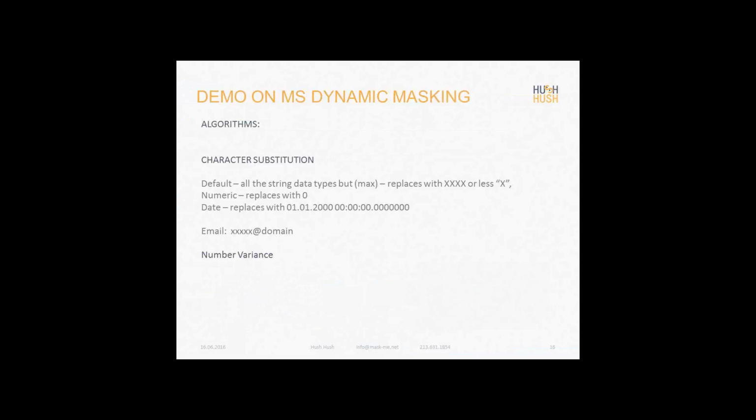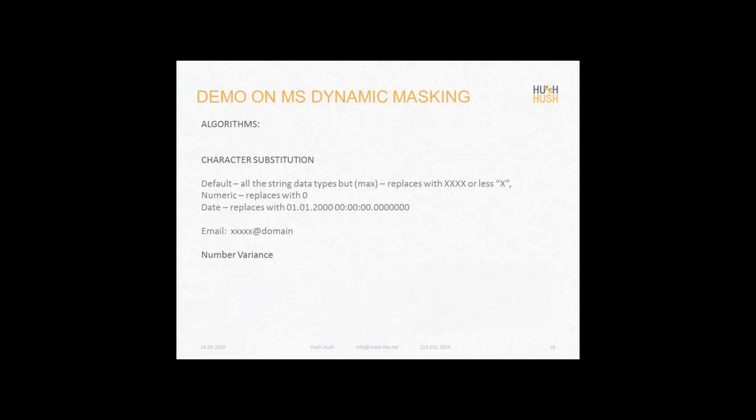Microsoft is using two major algorithms. One of them is character substitution, and the second one is number variance. In character substitution, there is a generic algorithm which is called default. It takes all the string data types, but the ones with max, and replaces the string with 4 X's.